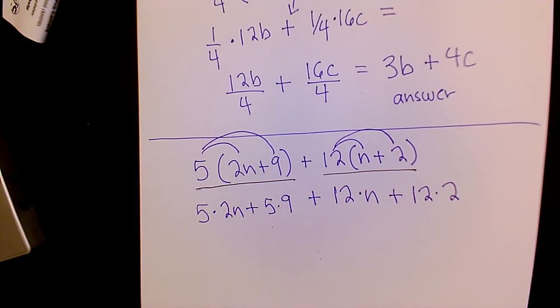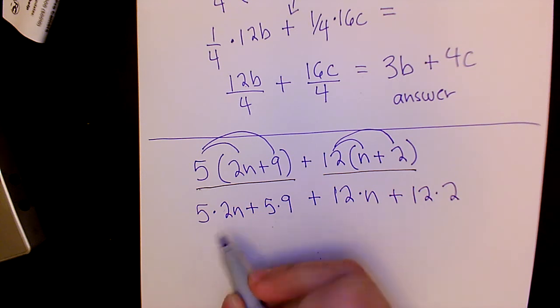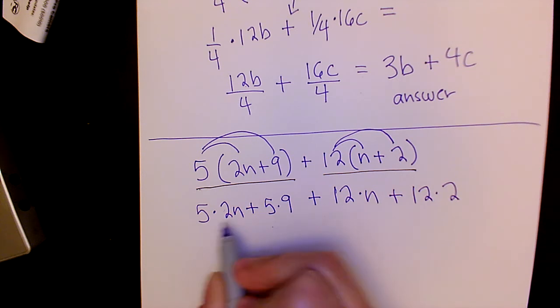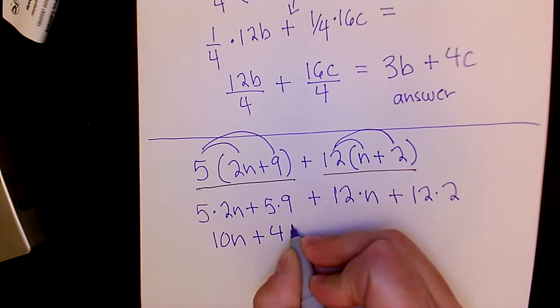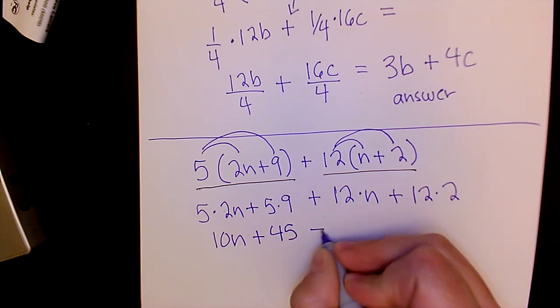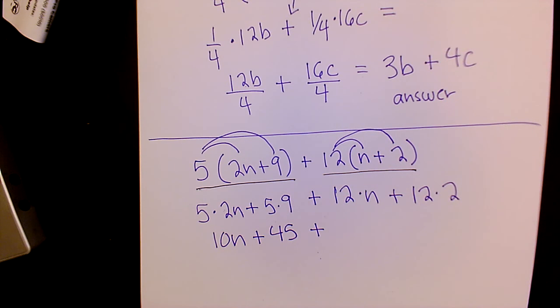Okay, so far. Now I'm going to simplify. 5 times 2n. 5 times 2 is 10. Bring the n down with it. So it's 10n. 5 times 9 is 45. I'm going to bring down the plus. 12 times n.